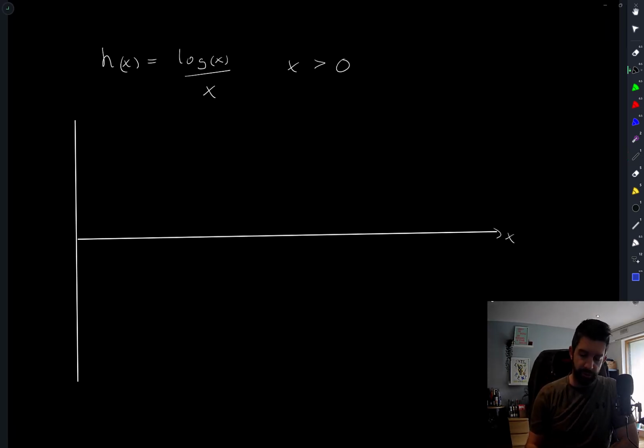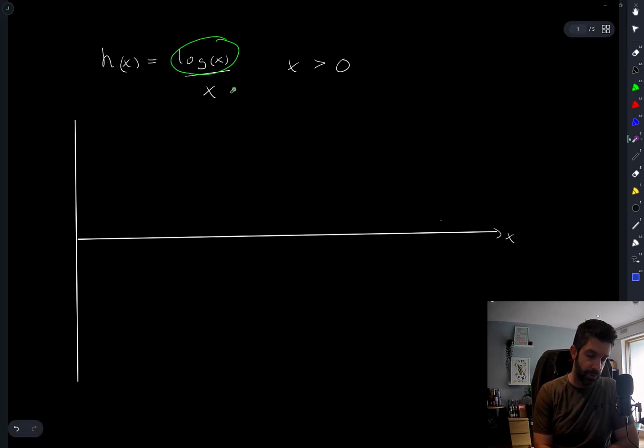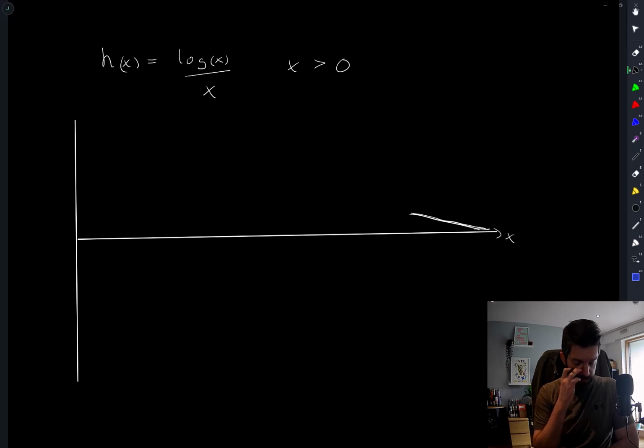So a few things that we want to do before we even do any manipulations of this or take derivatives or anything. There are certain limits which are pretty clear. When x is very large, everything there is positive, but log x grows much slower than x, and so we know that this is going to approach 0 for large values of x. When x approaches 0 from the right-hand side, this becomes very small and is positive.